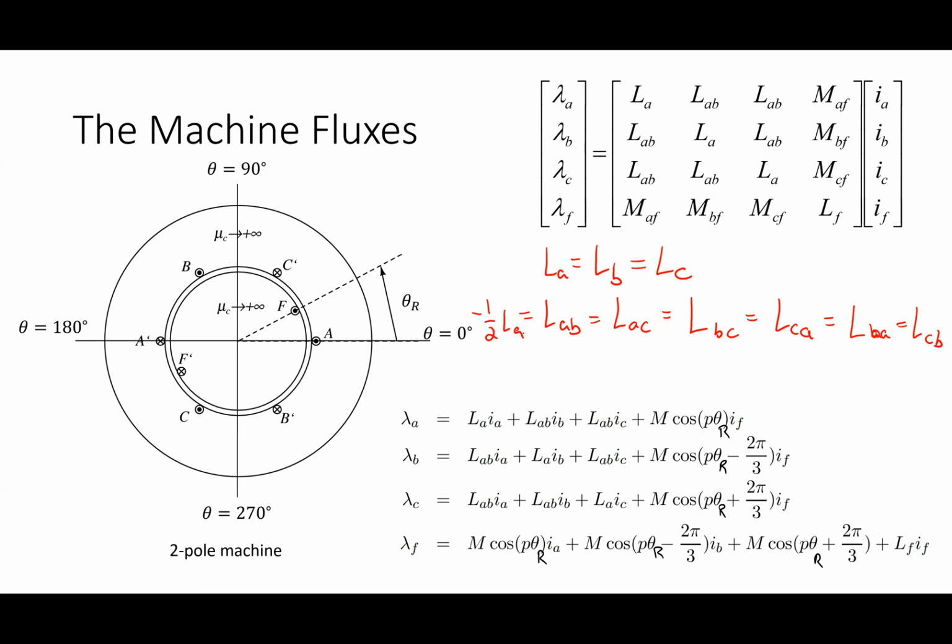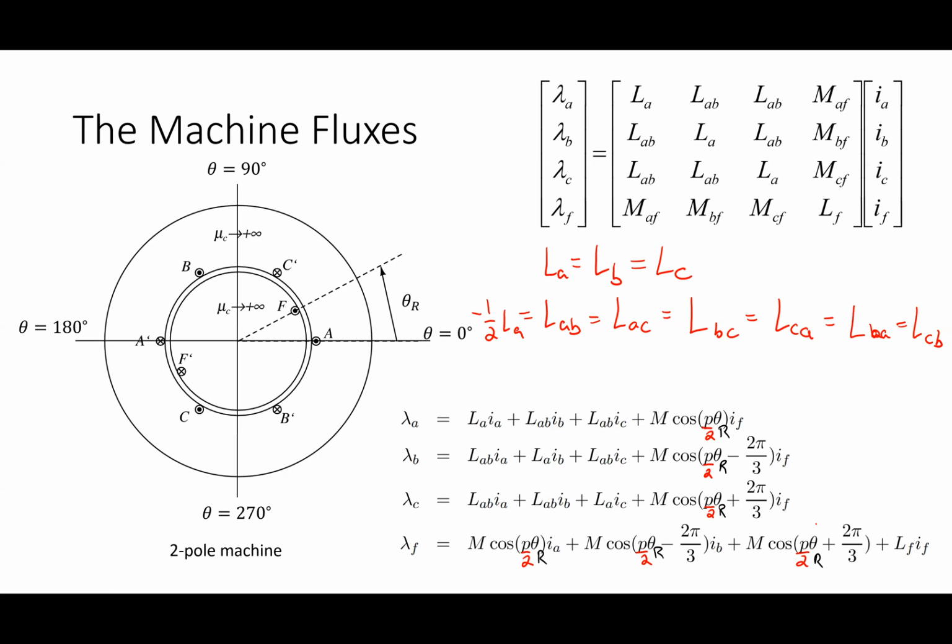Yes, sir. Is it not P over 2 for the M cosine? It is P over 2, yeah. So I took, you can tell maybe I screenshotted this. That's a good catch, by the way. You will see it in certain textbooks where they do P, and certain times they do P over 2.